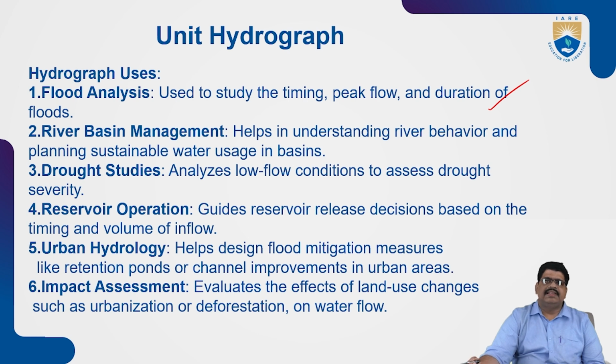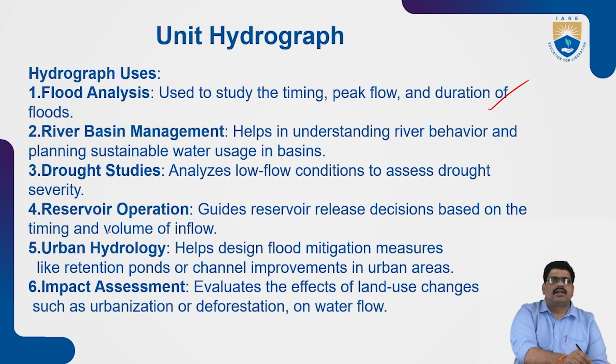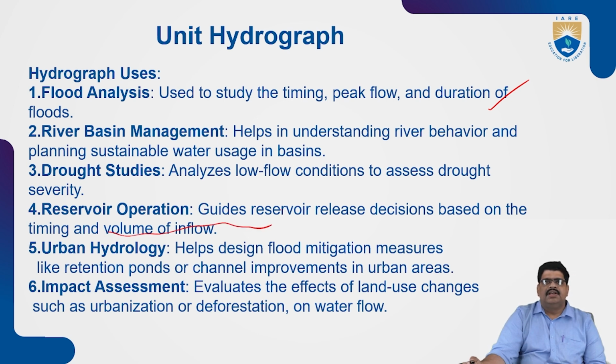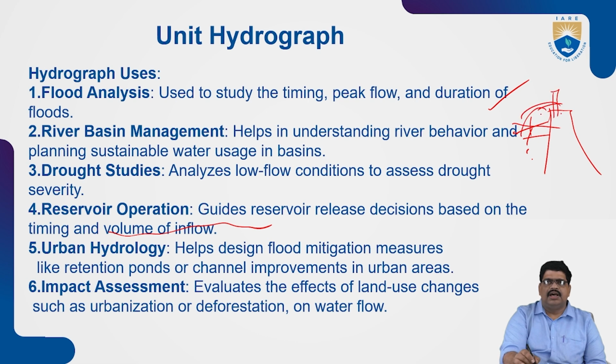It guides the reservoir decision making about the runoff water collected during the peak time, and the volume of the inflow is calculated during the runoff. Based on the inflow and outflow, the dam is operated: how much water can flow on the upstream side, and when the gates will be opened due to heavy floods. This can be judged by the reservoir operation.